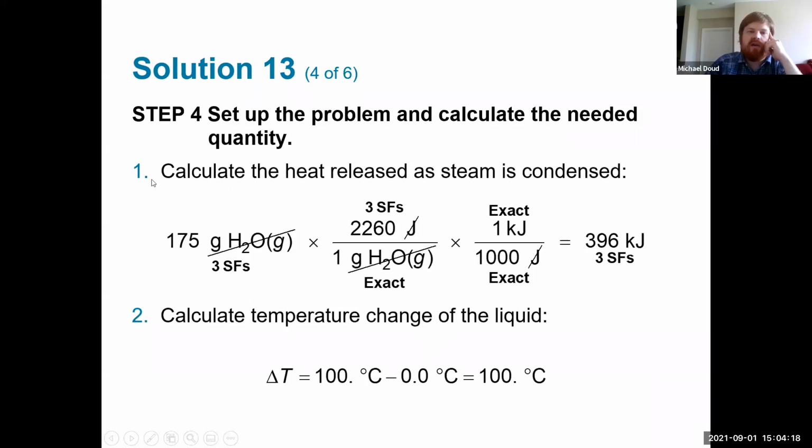So for the first part, we take our 175 grams of water and we use the heat of condensation to figure out that, sure enough, 396 kilojoules would be released. Next up, we're going to do the specific heat. It's 100 degrees Celsius minus 0.0. That gives us 100 degrees Celsius with the decimal here. That's our temperature change.